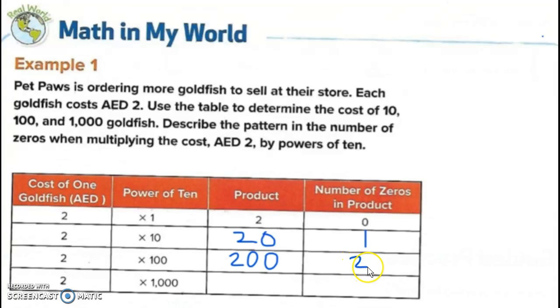There are 2 zeros in the answer. 2 times 1,000 equals, what do you think? Yes, correct. 2,000. Count how many zeros. There you go. There are 3 zeros in this answer.